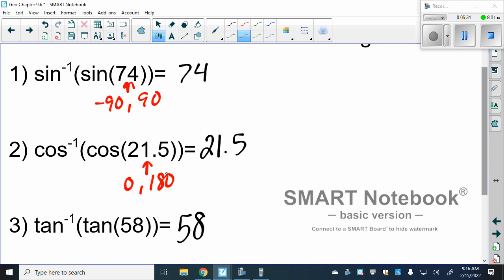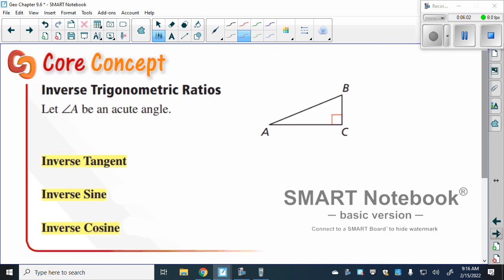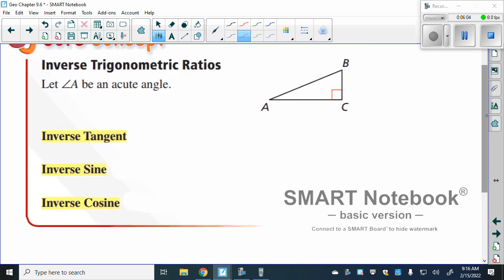We don't get too far into this, because for us the main angles we're focused on are in a right triangle, so none of these angles will be greater than 90. We don't come into any issues for sine, cosine, and tangent. But in a trigonometry class, where we look at angles beyond 90, there's more technicality with inverses. For us, this works out fine.